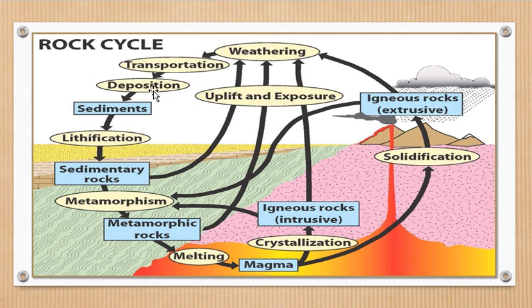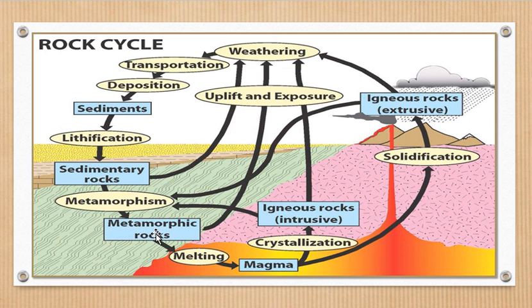The same process can happen. But sedimentary rocks may also be exposed to extreme heat or pressure, the process of metamorphism, so they become metamorphic rocks. For example, we have limestone from sedimentary rocks exposed to metamorphism, heat and pressure, and it becomes marble, a metamorphic rock.